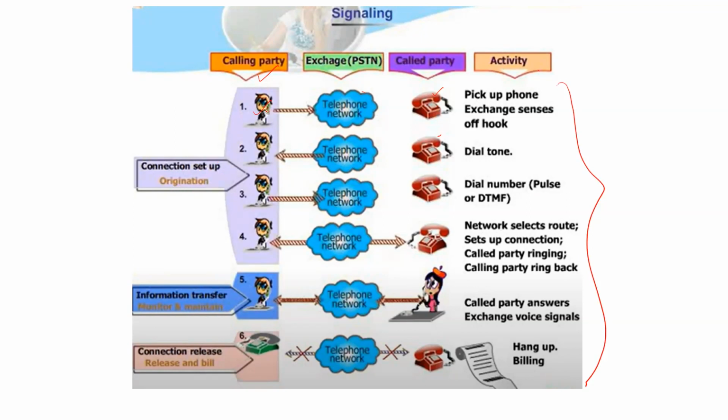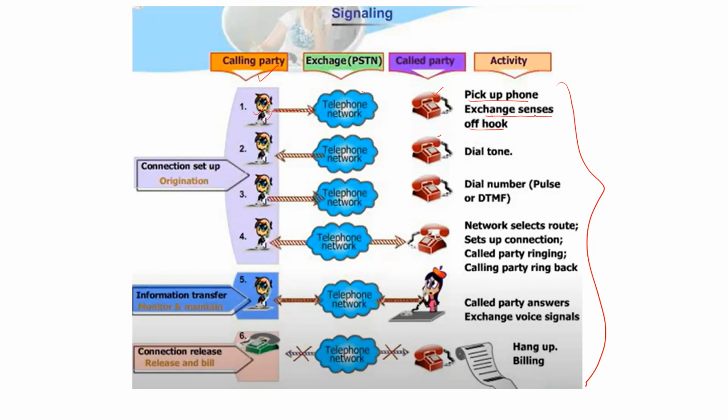So this person just picks up the phone. When this person picks up the phone, there is one signal from the calling party to the exchange. So the activity is: pick up phone, exchange senses off hook. Off hook means the headset is being lifted up.